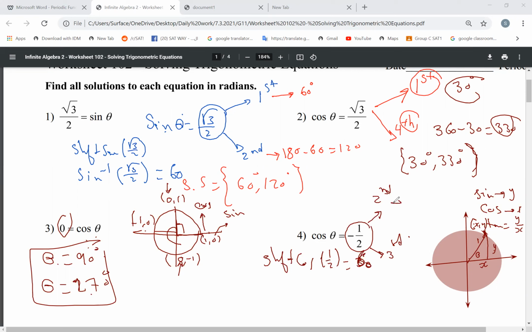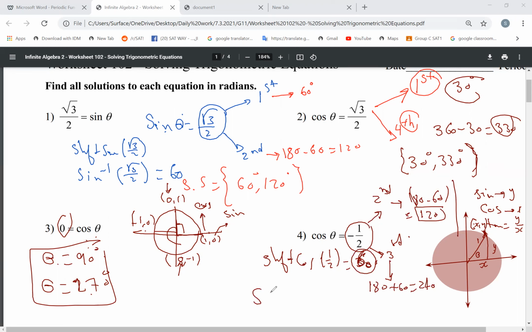In the second quadrant, you calculate the angle as 180 minus its value in the first quadrant, which is 60. So it will be 180 minus 60 equals 120, and this is the first solution. The second solution: cosine is negative in the third quadrant, and in the first quadrant it was 60, so in the third quadrant it will be 180 plus 60, which is 240.